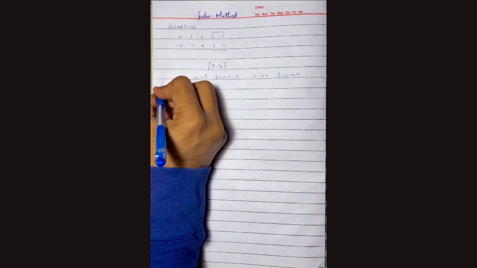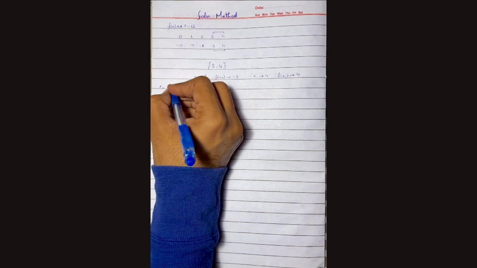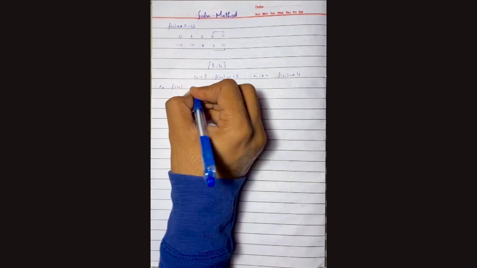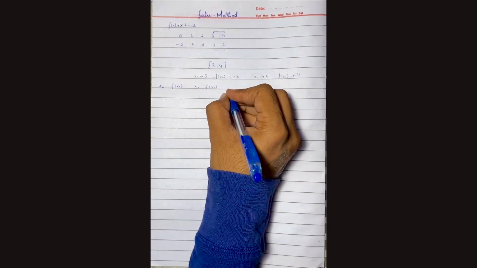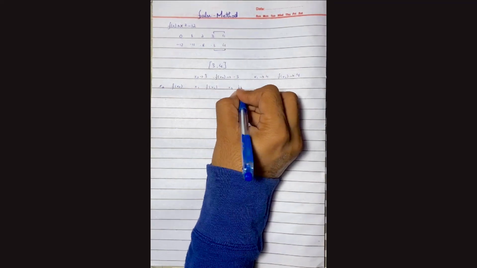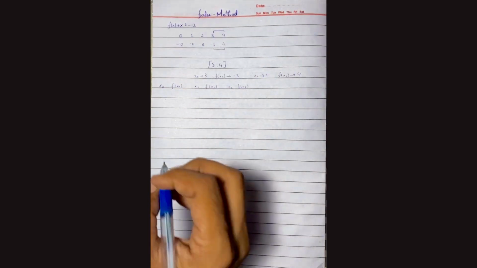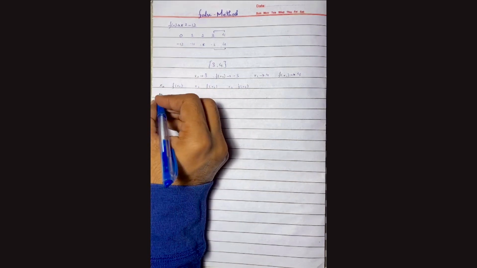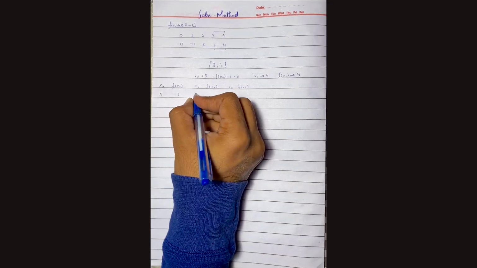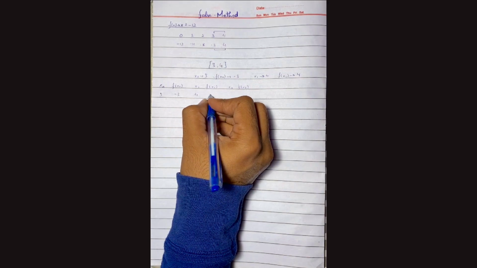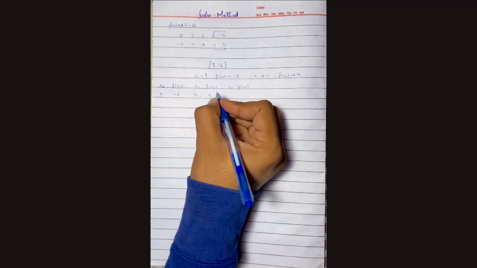So let's create a table over here with x naught, f of x naught, x1, f of x1, and x2, f of x2. First we put our x naught and f of x naught, which are 3 and minus 3, and x1 is 4 and f of x1 is 4. So let's start the working.